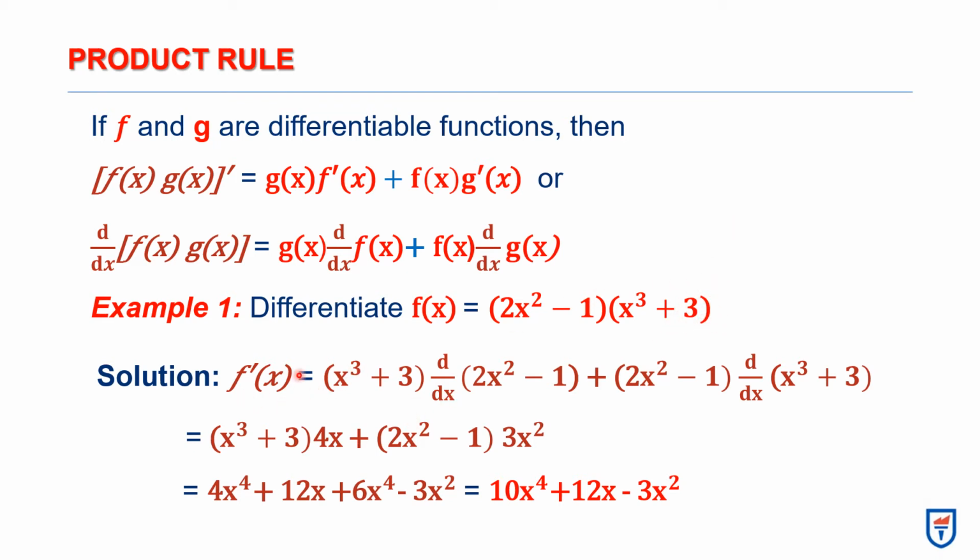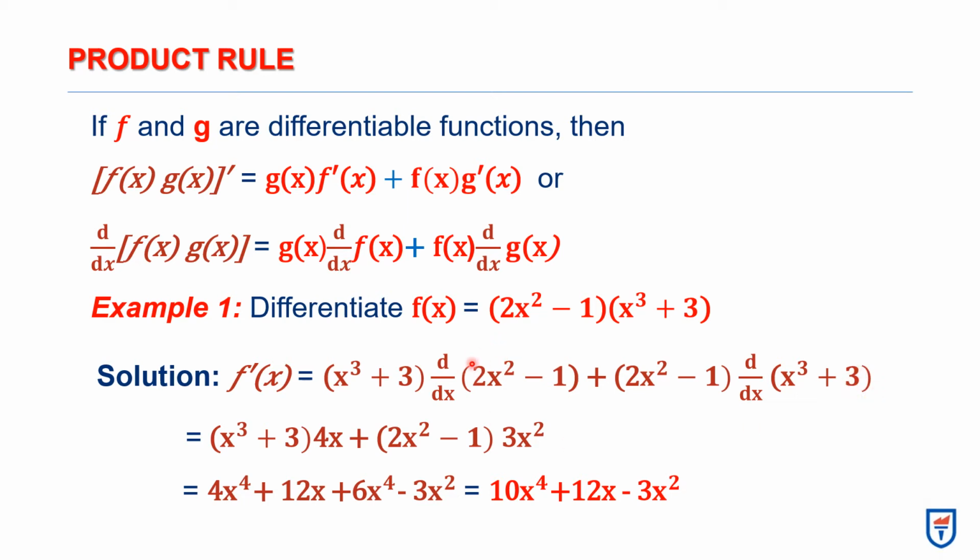We are going to have the derivative of f(x), which is f bar x, equal to our first function, g(x), which is x cubed plus 3, times the derivative of our function f(x), which is 2x squared minus 1, plus the function f(x), which is 2x squared minus 1, times the derivative of function g(x), which is x cubed plus 3.